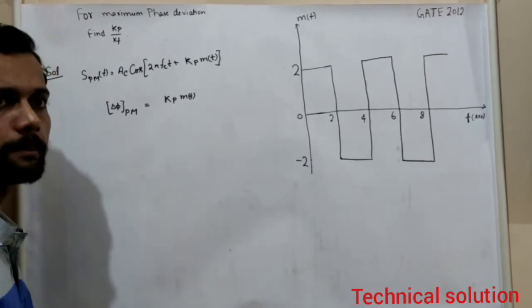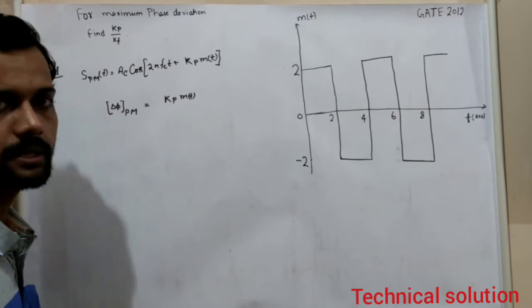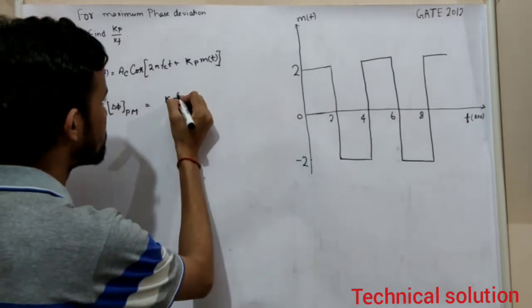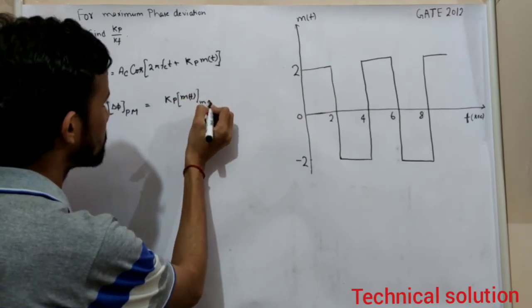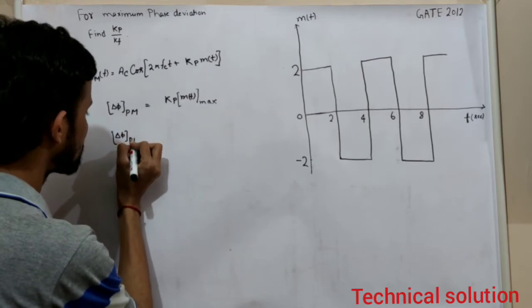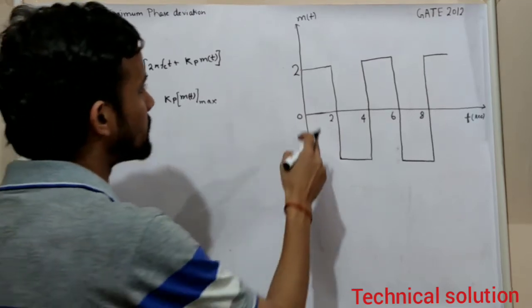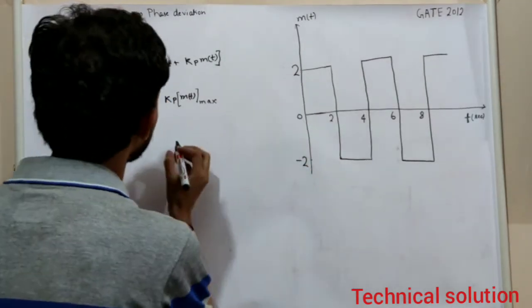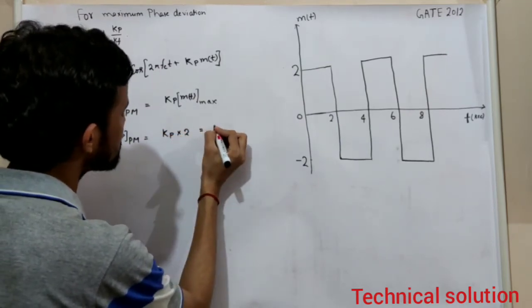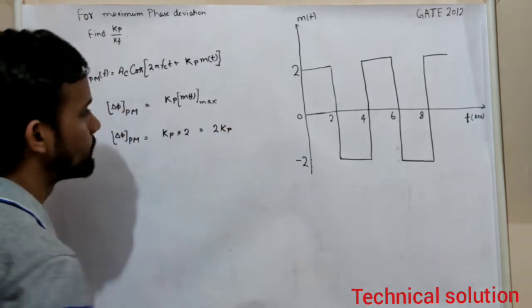So to find the maximum phase deviation of this PM signal, we have to take the maximum of this m(t) signal. From the message signal, the maximum of m(t) is given as 2. Therefore, Kp into 2, that is twice Kp.